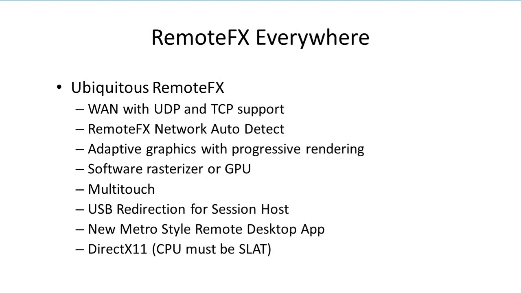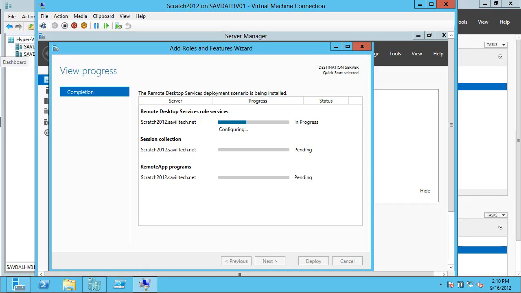So let me jump back to my server that I kicked off in the background. I can now look at the virtual machine and see that it's currently going through the final configuration of the remote desktop services role setup. So it's configuring that, it's going to spit out the session collection, it's going to create for me, publish the applications, and it's going to give me a URL.